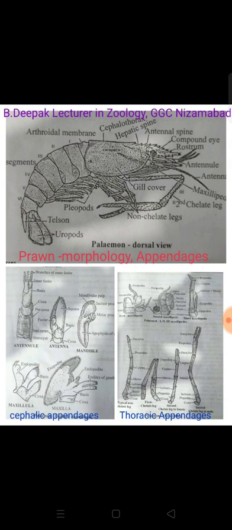The cephalothorax has two parts, the head and the thorax. The head comprises 5 segments, each segment carrying one appendage, so 5 appendages.